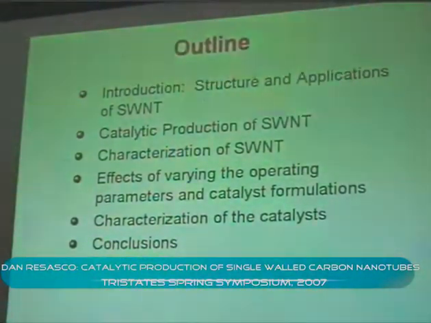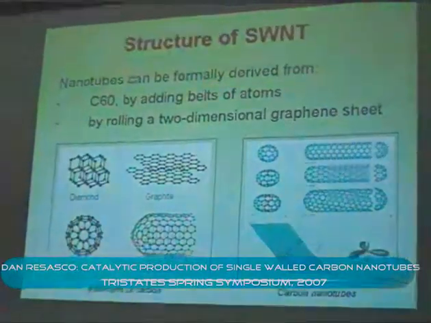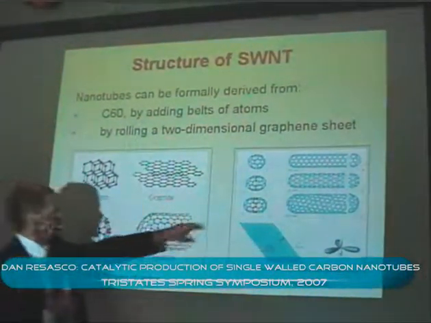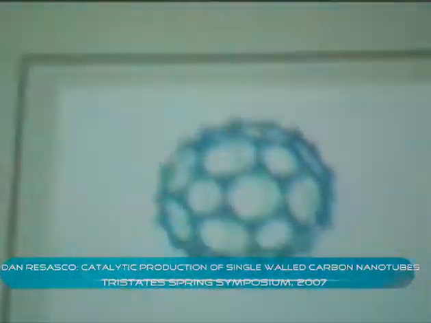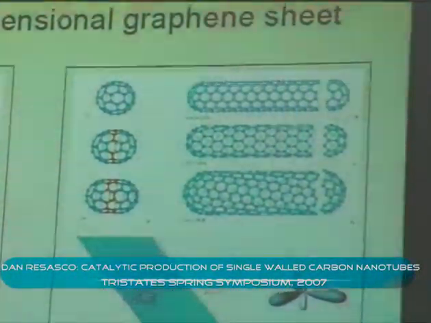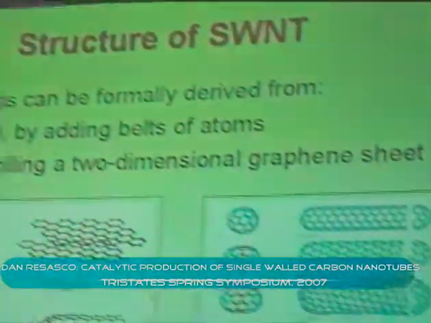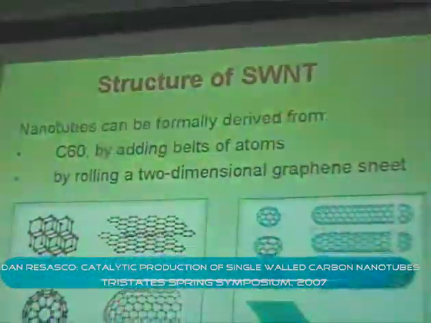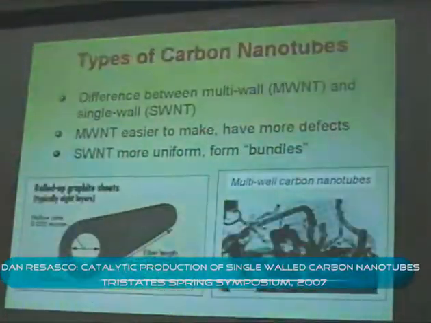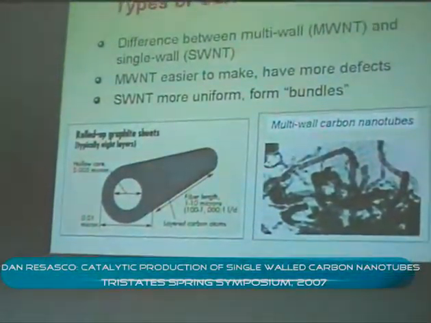that have been tested and reported in the literature. As you all know, single-wall nanotubes are a cousin, at least formally, of the well-known buckyball. If you start extending the buckyball, you end up with structures like this that are called nanotubes. And of course, that has to be differentiated. What is a single-wall nanotube?